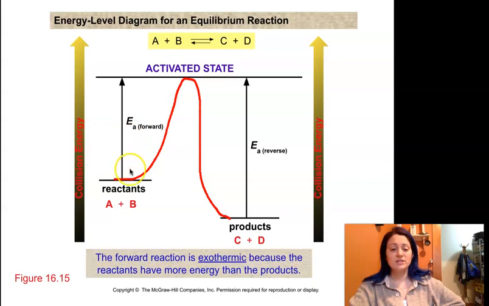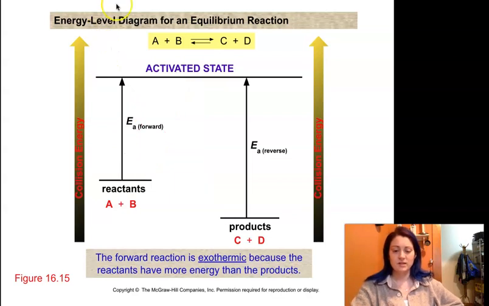The activation energy is always the energy from the reactants to the activated state or the transition state. So as you can see from this plot, the forward reaction has a smaller activation energy than the reverse reaction. You can also see that the forward reaction is exothermic because the products have less energy than the reactants. And due to that, the reverse reaction has to be endothermic because it follows a mirrored energy profile.